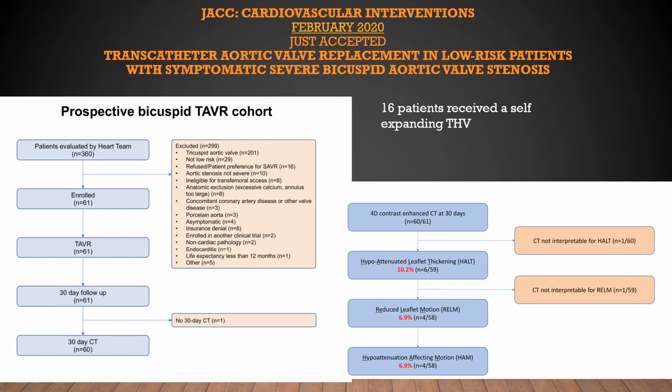Only 16 patients received a self-expanding percutaneous heart valve, which is important to note, and therefore we cannot make any distinctions between balloon expandable versus self-expanding valve, which we all want to know, which one of these valves is going to do better in the bicuspid aortic valve pathology.